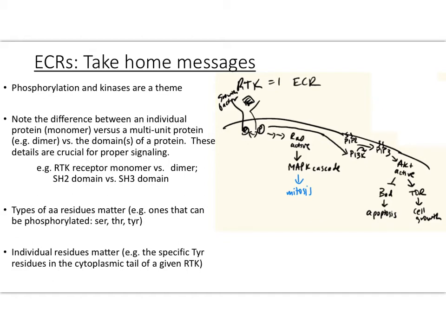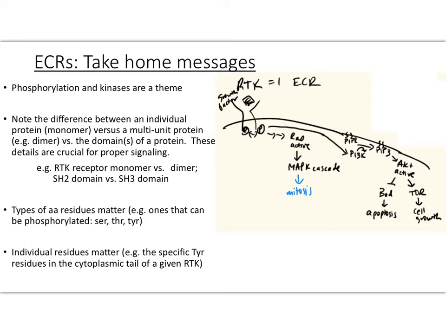It might help you to organize your information and see why we're talking about these things. So first off, phosphorylation and kinases are a theme. You just can't get away from kinases and therefore from phosphorylation through this topic. That starts off with the receptor tyrosine kinase itself, which has a kinase domain and then performs cross-phosphorylation.